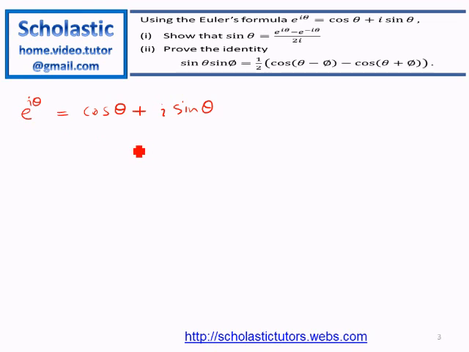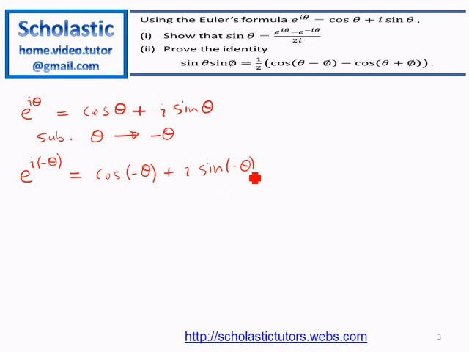Now what we do is we substitute theta with negative theta. So what you get here is e to the i negative theta equal to cos negative theta plus i sin negative theta.